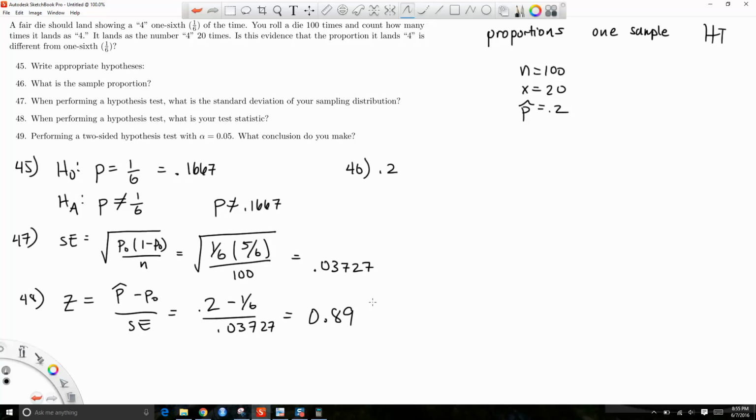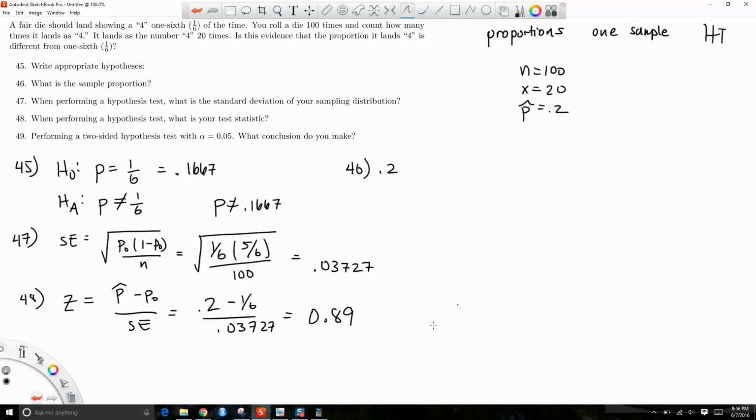Oh. Yeah. Fractions. But you can also do it in decimal. What did you say about P0? When you do a hypothesis test, your standard error uses P0.